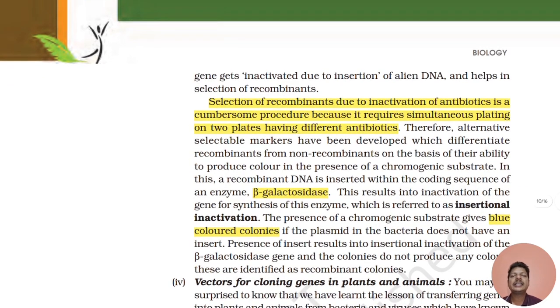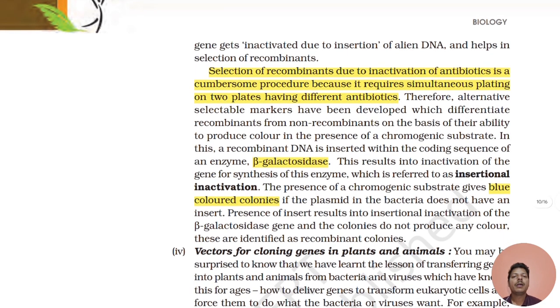Next, selection of recombinants due to inactivation of an antibiotic is a cumbersome procedure because it requires simultaneous plating on two plates having different antibiotics. Therefore, alternate selectable markers have been developed. Here, the recombinant DNA is inserted within the coding sequence of an enzyme, beta-galactosidase.